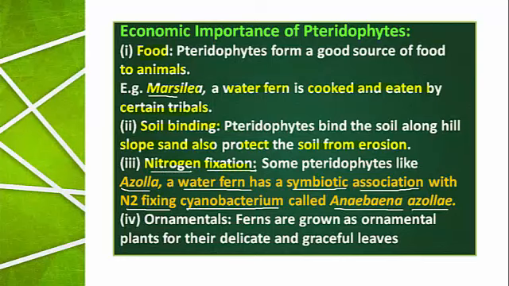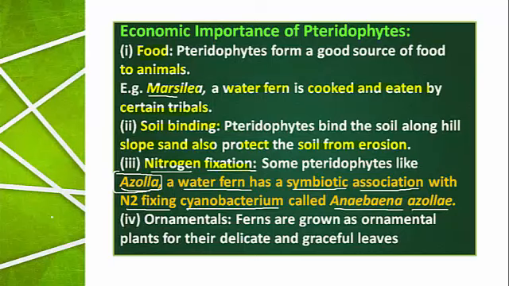Rhizobium fixes nitrogen in leguminous plants such as groundnut, pea, horse gram, Bengal gram, etc. So here the cyanobacterium is having symbiotic association with Azolla.